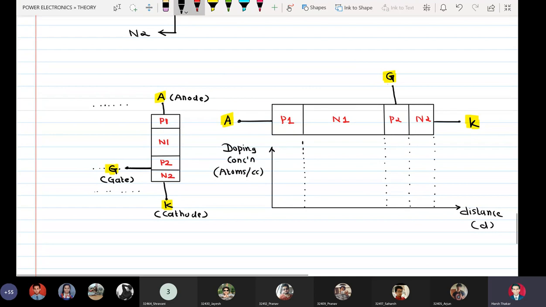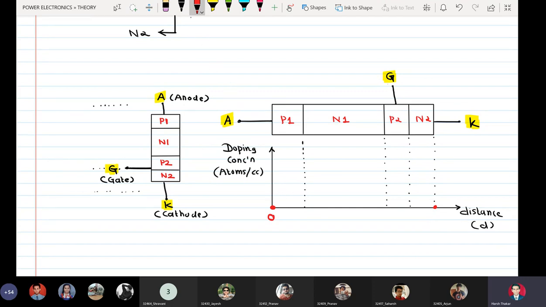Understand that my device starts here and ends here, starting at d equal to 0 and finishing at the end of the device.